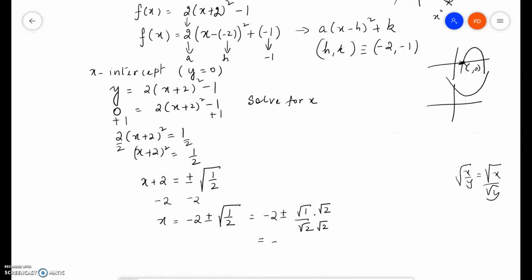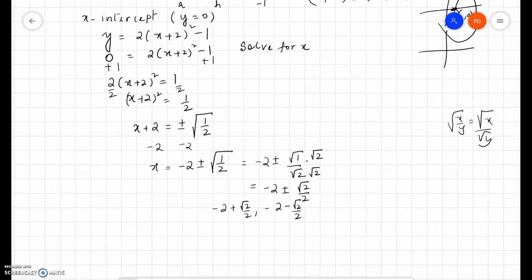So that would be equal to negative 2 plus or minus radical 2 over 2. So the two x-intercepts are negative 2 plus radical 2 over 2, and the other x-intercept is negative 2 minus radical 2 over 2. So it crosses the x-axis at 2 points.